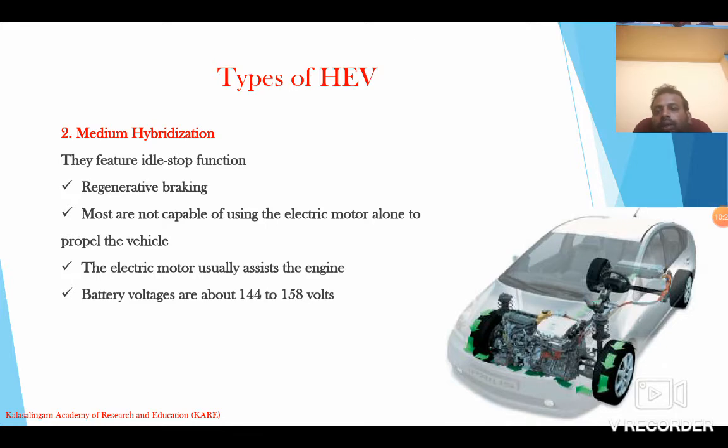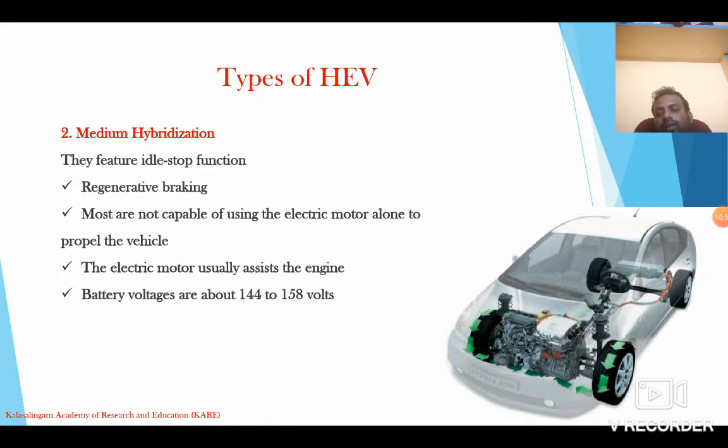For example, when you operate the vehicle at a maximum of 40 km per hour, we can operate the vehicle with the help of the electric motor, and then it is switched to the internal combustion engine, right? So for the lower speed range, we can use the electrical drive for this kind of automobile. That is called medium hybridization, right?